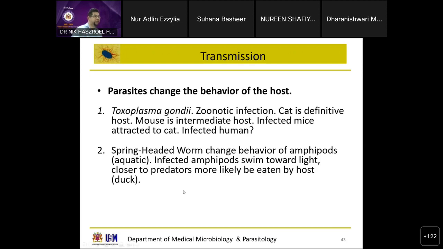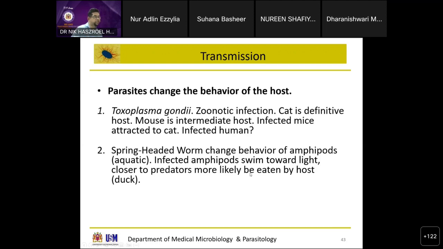A change of behavior. And then there is a worm that changes the behavior of the aquatic insect, the amphipod. When the worm infects this amphipod, the amphipod swims towards the light. So they change the behavior of the amphipod.